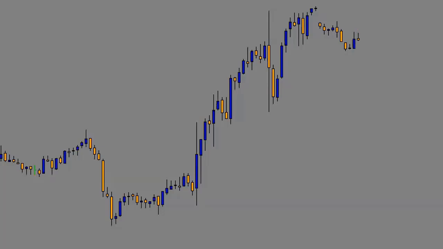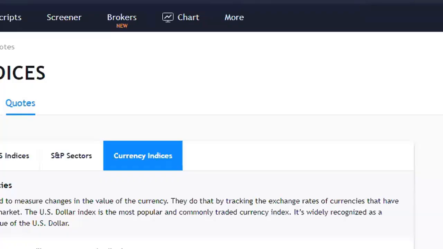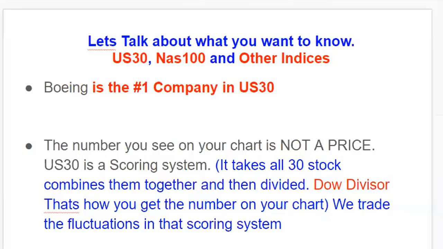This is a part of a calculated scale that measures how high or low US30 will move. It takes all 30 stocks of these companies, combines them together, and then you divide them by the Dow divisor. This is how you get the number on your chart. We trade the fluctuations of that scoring system.